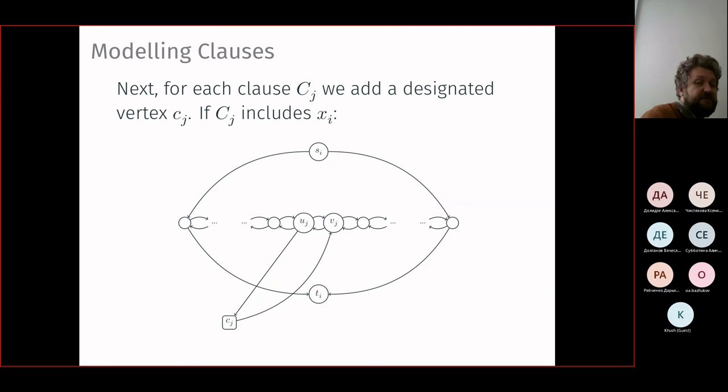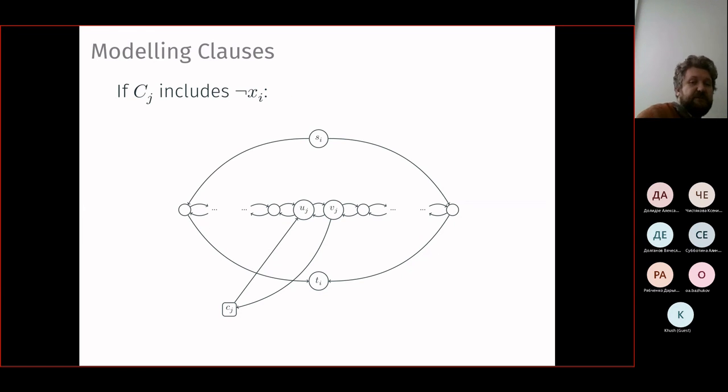So for example, if CJ was visited in this gadget, this means that XI was true, because we could only visit it on the green route, and CJ includes XI, so the clause is true. And dually, if it was visited in this way, vice versa, then it was visited on a red route, the clause includes not XI, and the ith gadget was traversed on the red route, which means that the clause is also satisfied. And this holds for any clause.